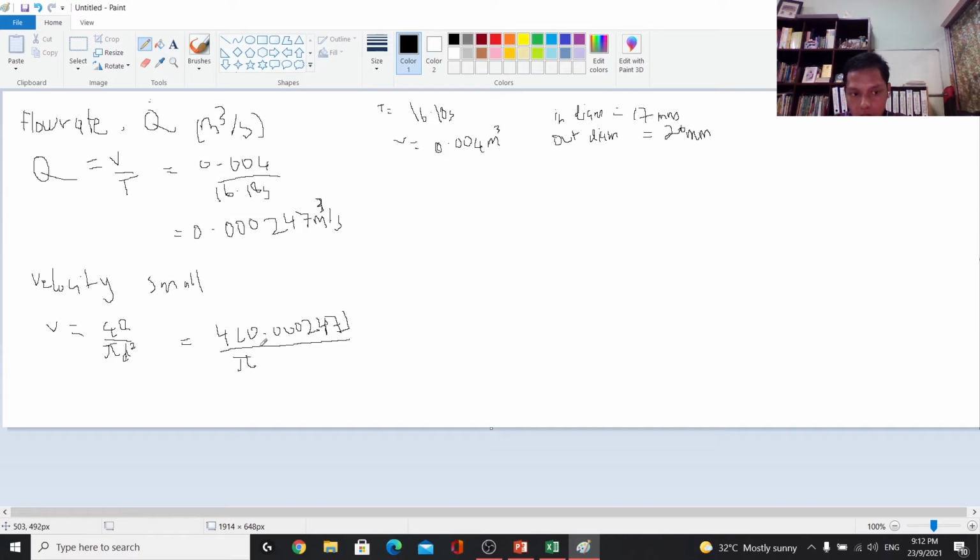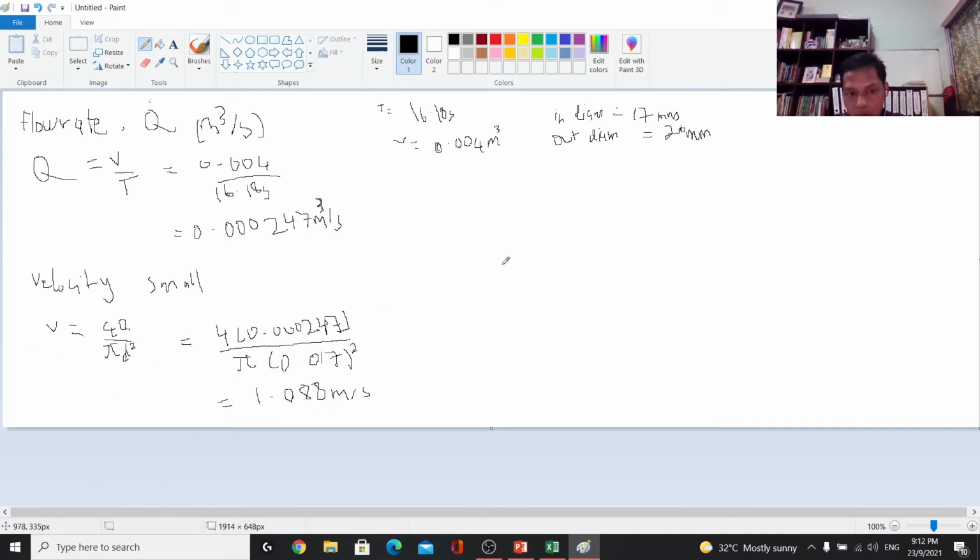We choose the inner diameter because it is for the small pipe. The inner diameter is 0.017, squared. So we got 1.088 meter per second. So this is for the small pipe.